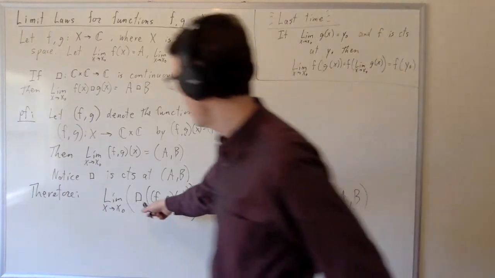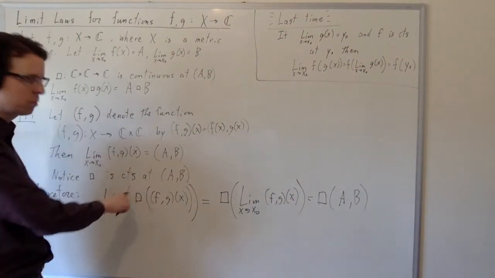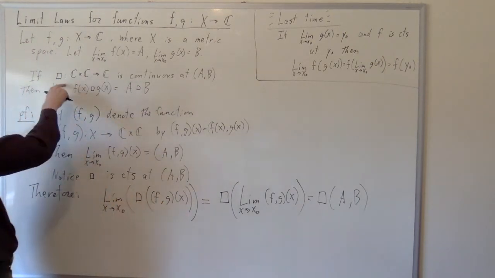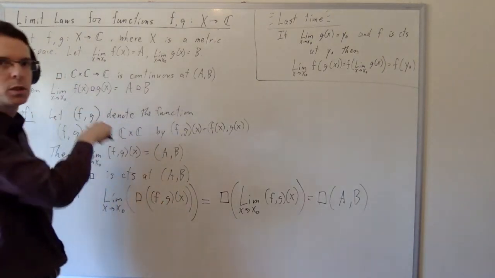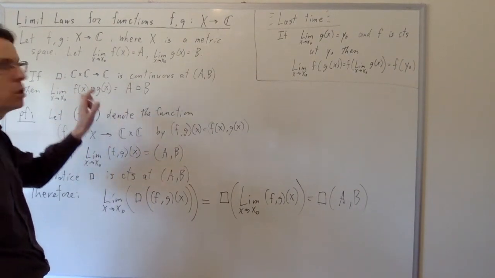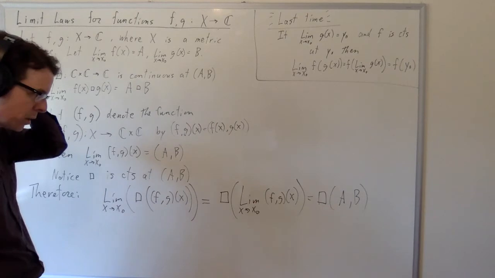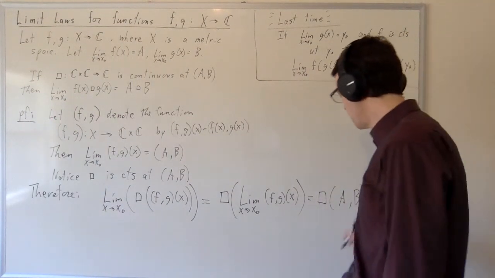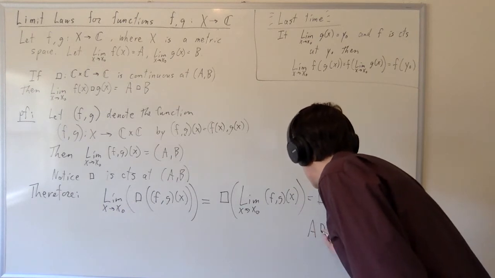Now I've written this box notation in prefix notation, but if it's an algebraic or arithmetic operation, then it should probably be written in infix notation, like f of x box g of x. So let's rewrite it in infix notation and see what happens. This thing is the box of a comma b, which is nothing more than a box b.